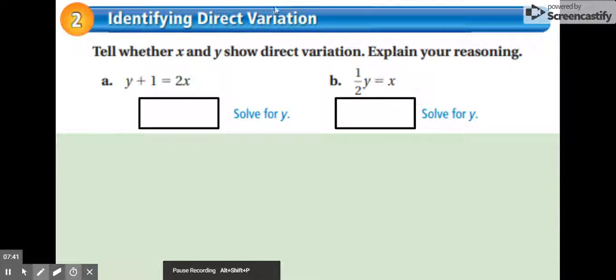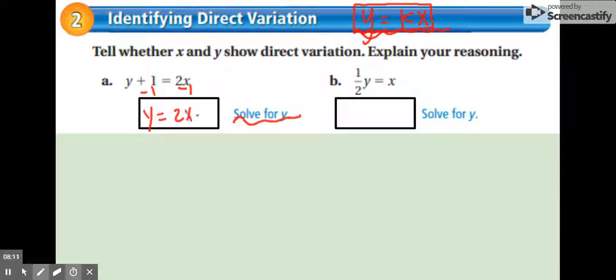All right, I really want you to remember what the direct variation equation looks like. It looks like y is equal to kx. There's no y-intercept, so only x and y, and y should be isolated and x should be multiplied by a number. So now we're going to solve for y, because if you look at this, y is isolated. So I'm going to do -1 -1, and y is equal to 2x minus 1.